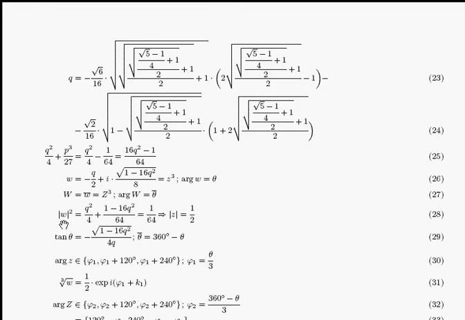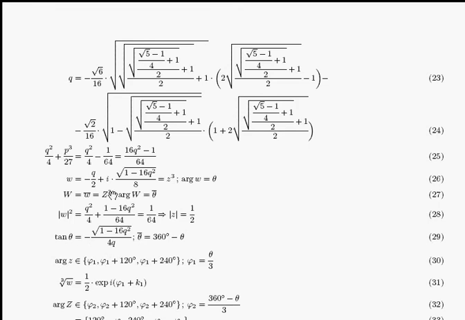Modulo of the square of the small w is q squared over 4 plus 1 minus 16q2 over 64. We calculate the modulo of z, which is equal to 1/2.